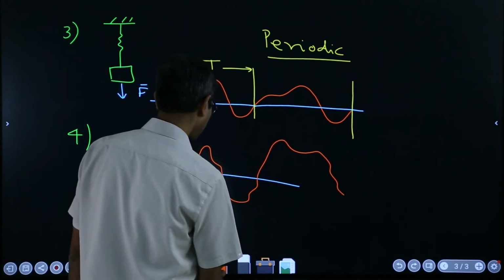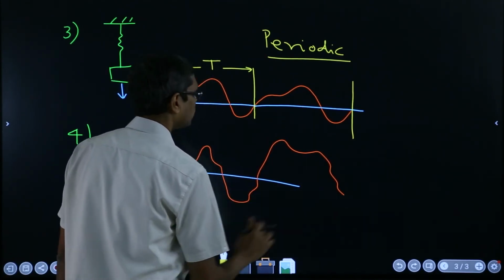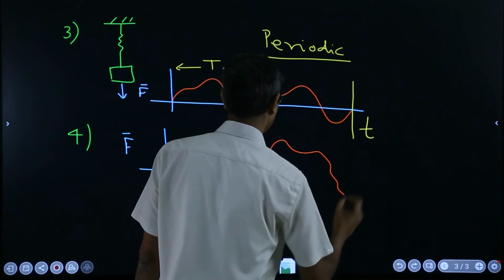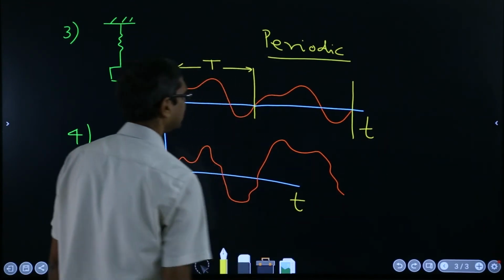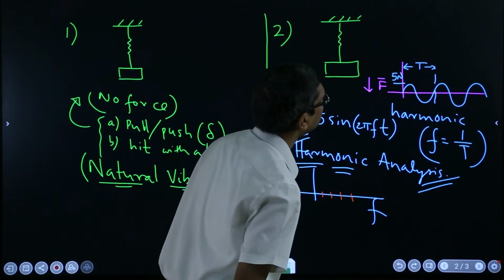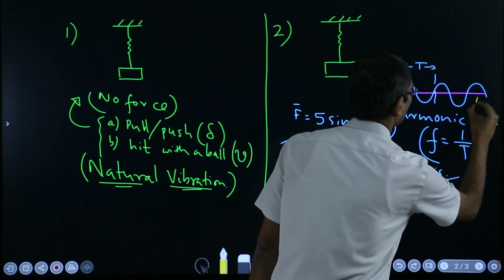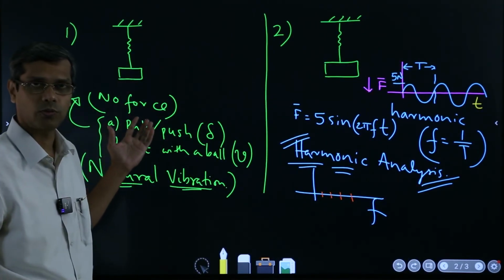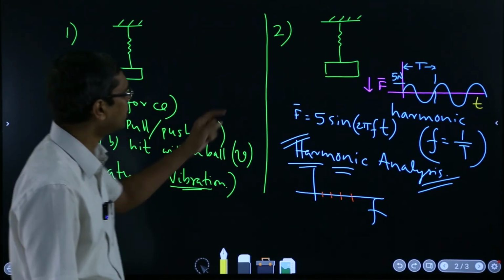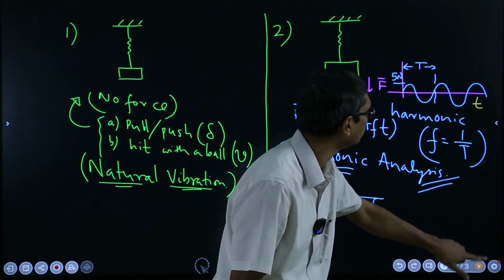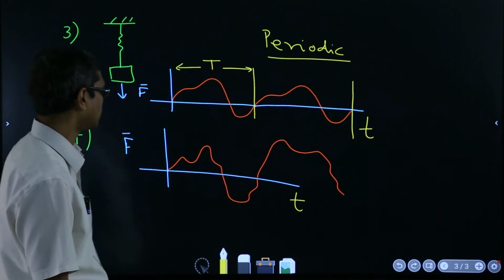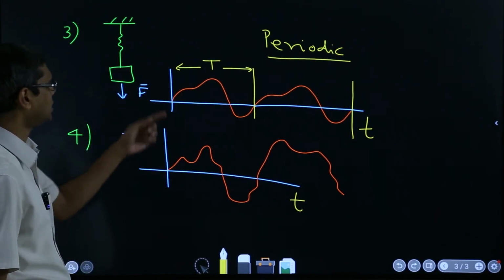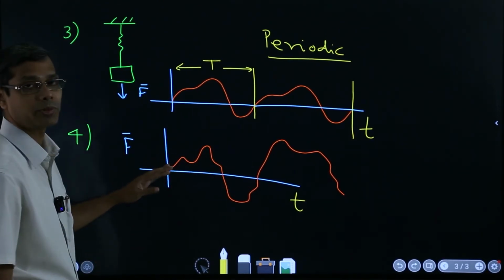In all these cases, I wanted to draw this in time. The x-axis is time. I should have mentioned here also, the x-axis is time. Here anyway there are no forces, so it doesn't matter. Here everywhere I wanted to draw on time axis. So this force is changing with respect to time now arbitrarily.